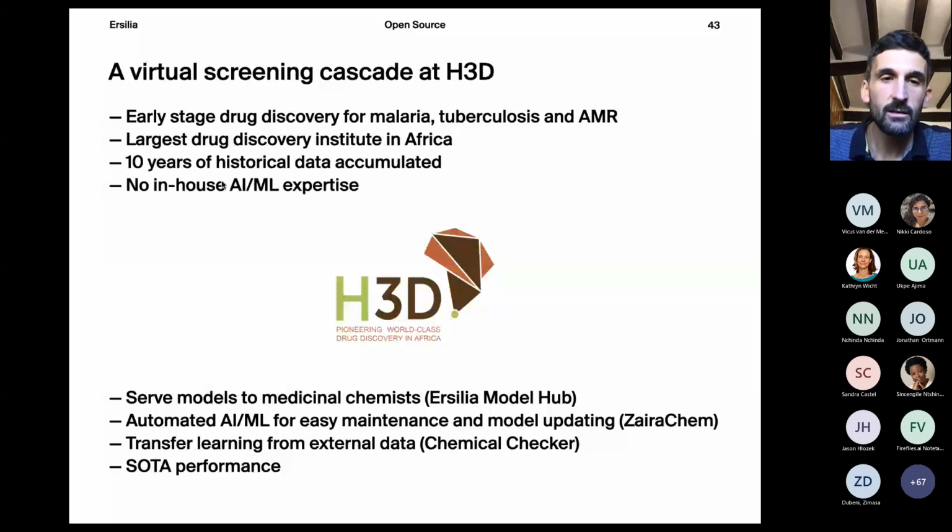The idea here is that we build models together with our colleagues at H3D. Those models are deployed, and therefore, when new molecules are designed, they can be predicted with the models before doing the actual experimental test.